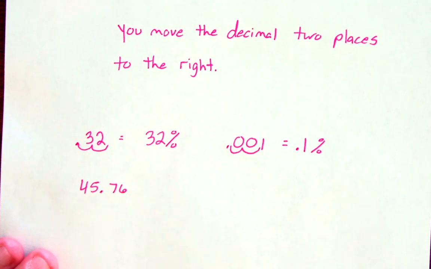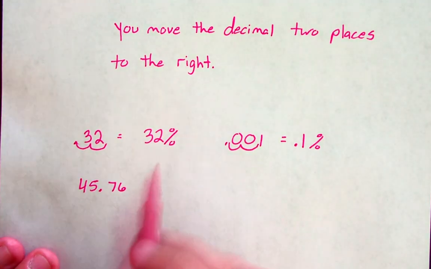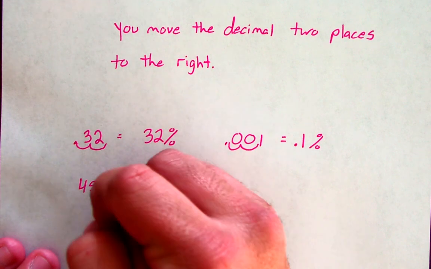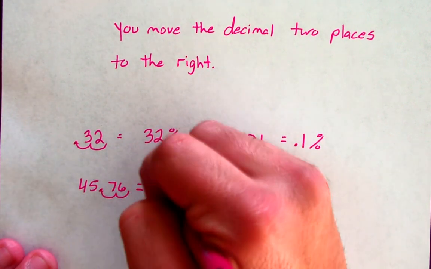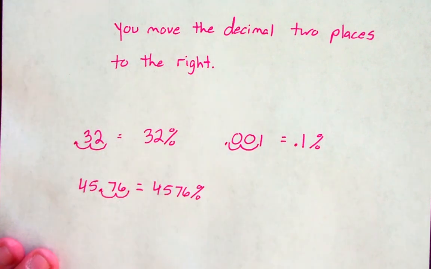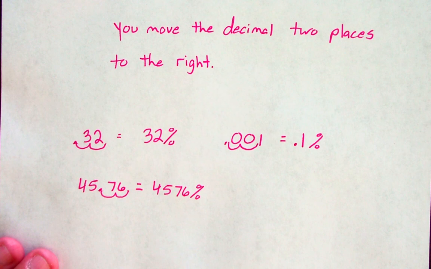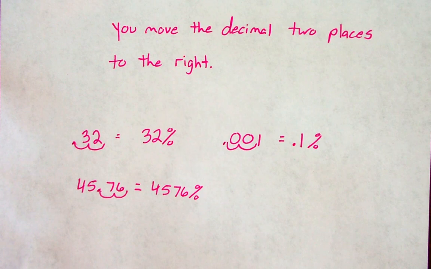Let's say we have 45.76 and it says to convert that to a percent. Again, you take your decimal, move it two places to the right. We now have 4,576%. So again, to turn a decimal to a percent, you just take your decimal, move it two places to the right. That's it. You're done.